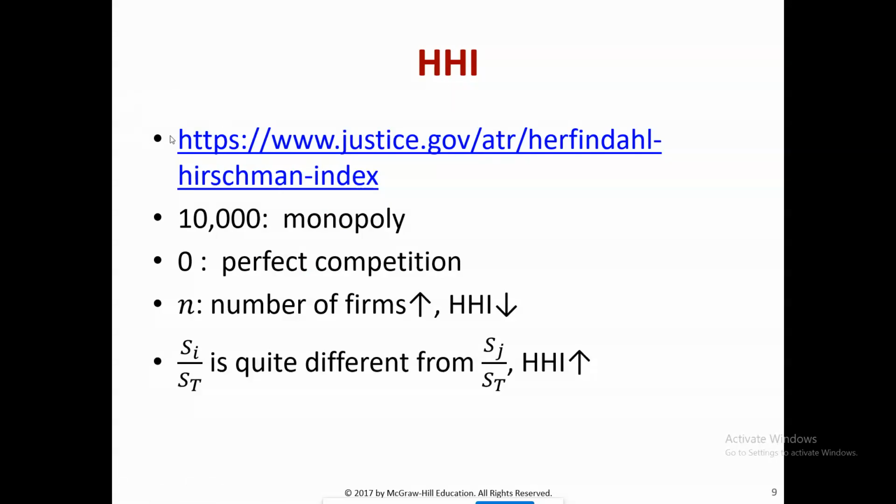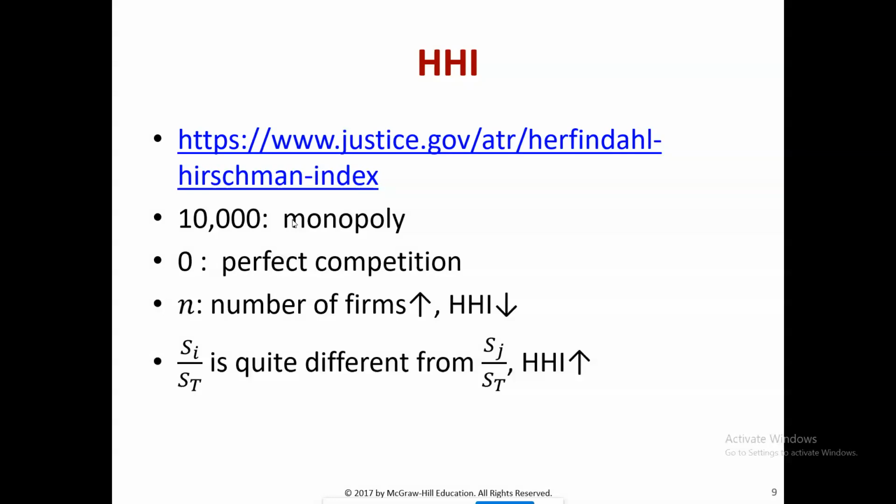It approaches zero when the market is occupied by a large number of firms of relatively equal size, like a perfect competition market structure, and reaches its maximum of 10,000 points when the market is controlled by a single firm, like a monopoly.